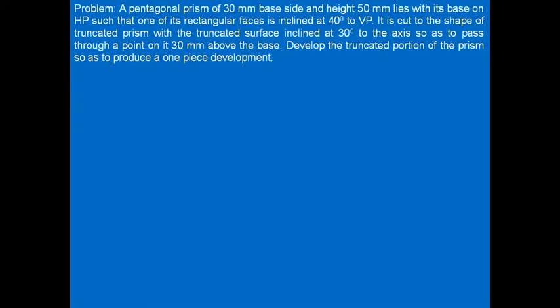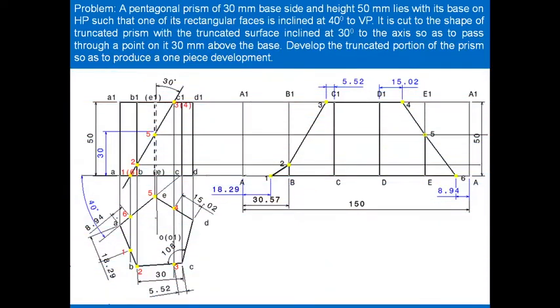It is cut to the shape of a truncated prism with the truncated surface inclined at 30 degrees to the axis so as to pass through a point 30 mm above the base. Develop the truncated portion of the prism so as to produce a one-piece development. So this is the statement and this is the solution. We'll see how to get this particular solution.